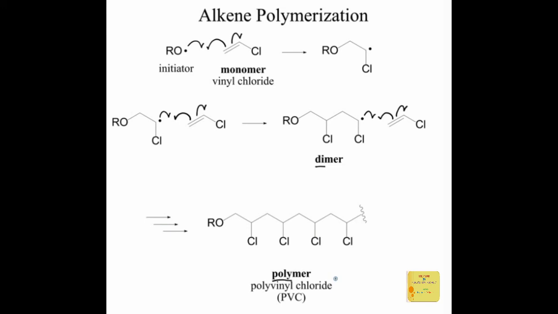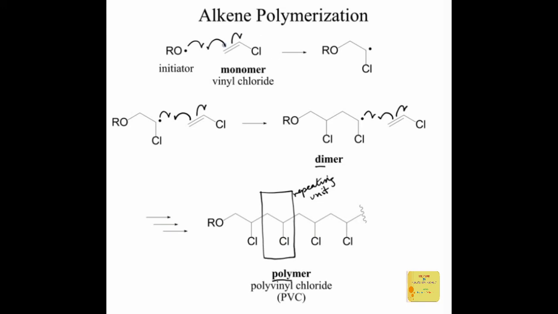And so this is one of the ways that polymers can be built, by counting on this radical chain reaction. And we can see here that we have a repeating unit. We see our vinyl chloride components, right, two carbons with a chlorine on there.